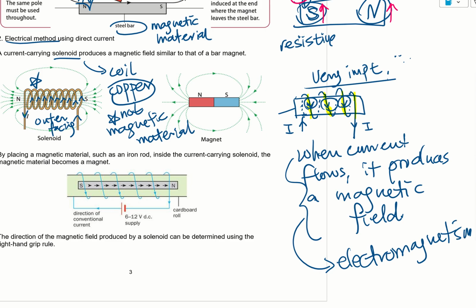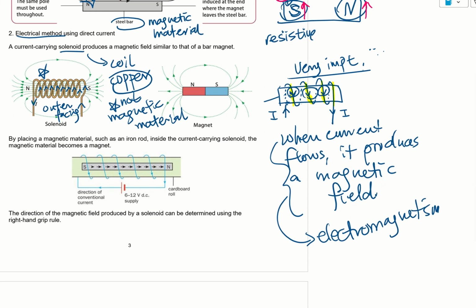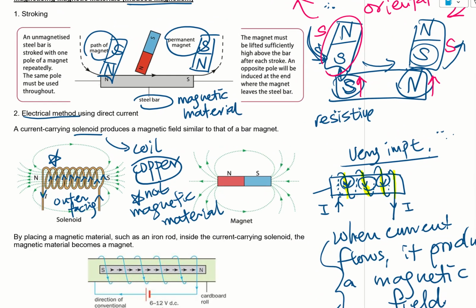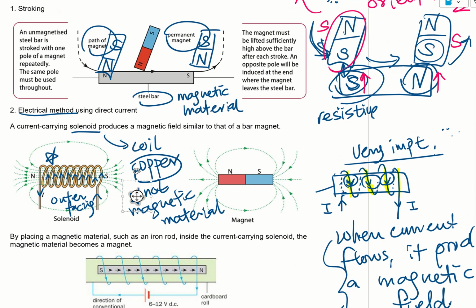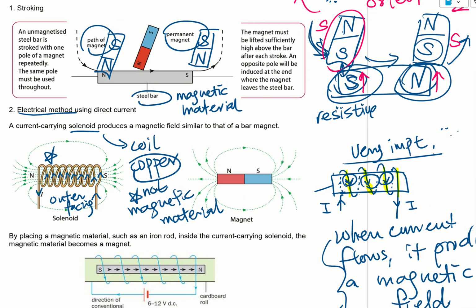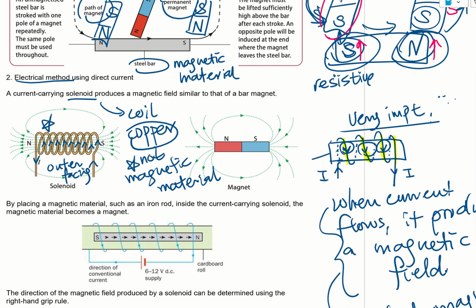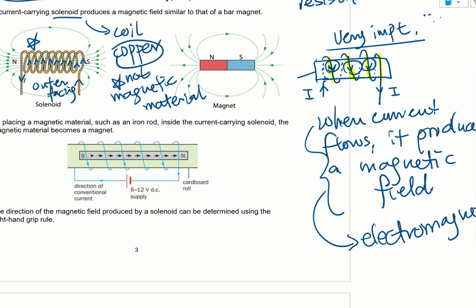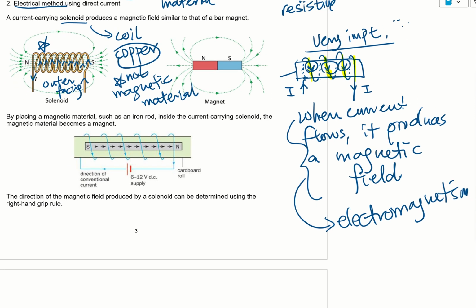So what is important now is that if you look at the stroking part, they will ask you what are the poles that will be produced on each end of the steel bar. We need to be able to know what is the pole that is induced on the end.